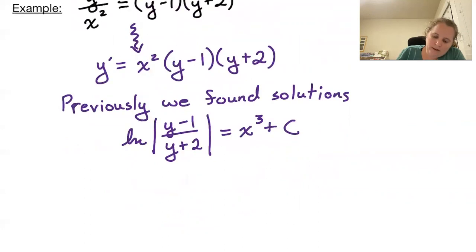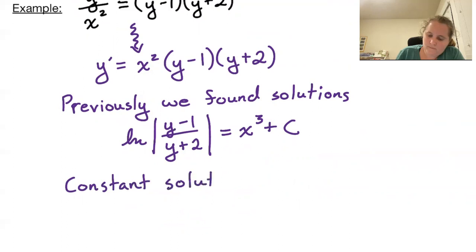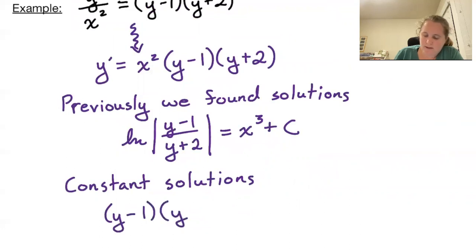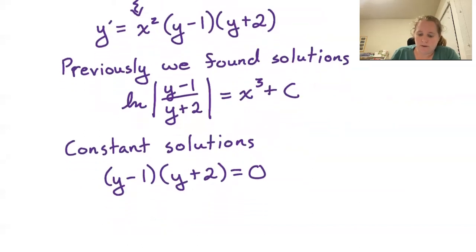If we now look for the constant solutions, we are looking for where y minus 1 times y plus 2 equals 0, or y equals 1 or -2.